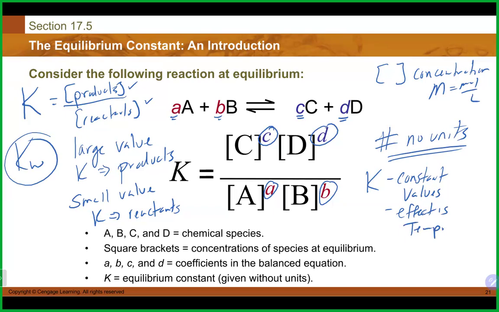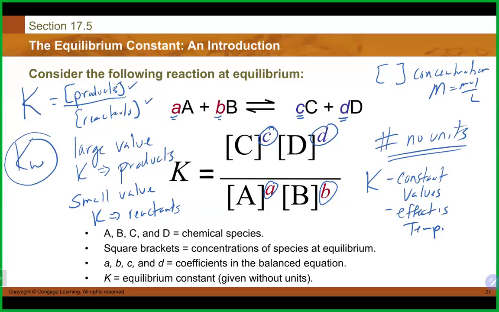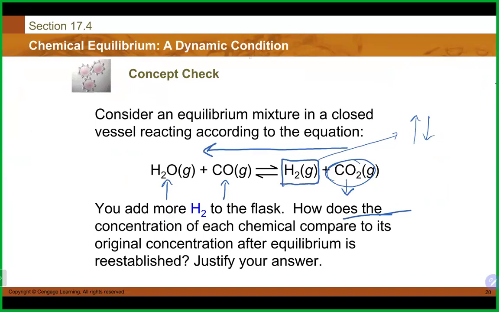Temperature is the only thing that will affect the actual value of the equilibrium constant. And what I mean by that is this. Let's just say, for example, you did 3 experiments at 25 degrees Celsius and you had this reaction, A plus B goes to C.